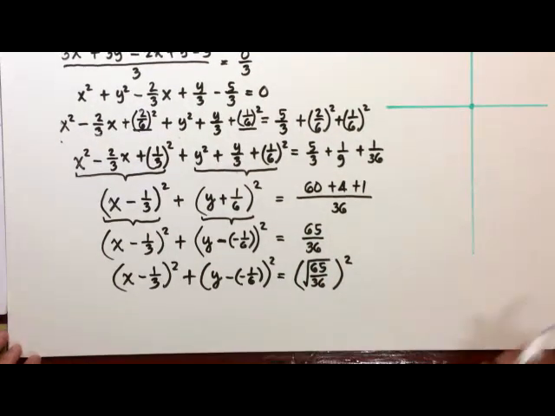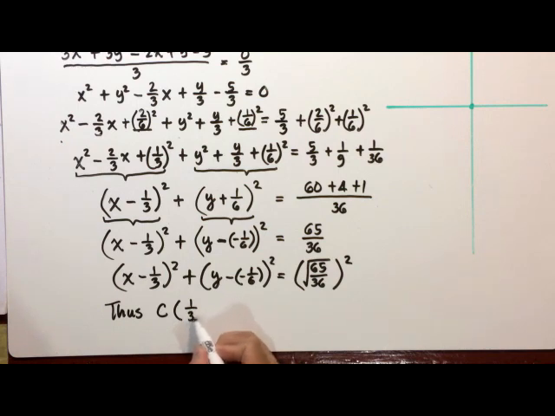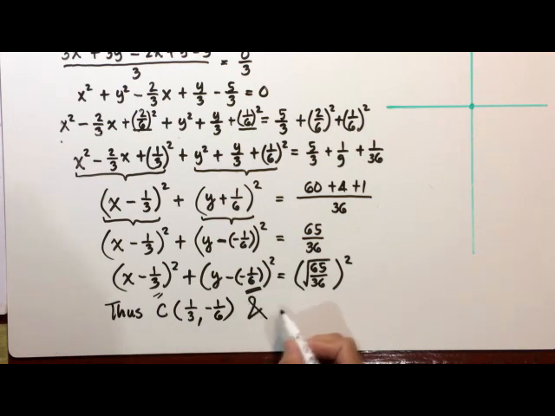Hence, I can say that the center of the circle is at the point 1/3, the number that you subtract from x, and the number you subtract from y is the y coordinate for your center of the circle, which is negative 1/6. And then you have a radius of the square root of 65 over 6, because the square root of 36 is 6.